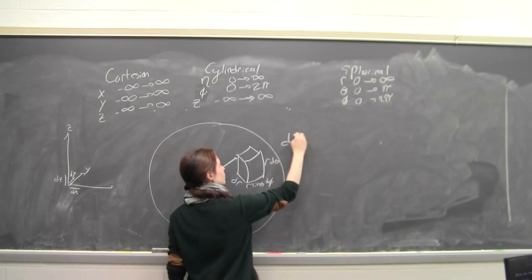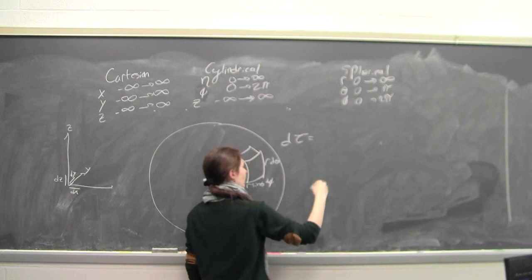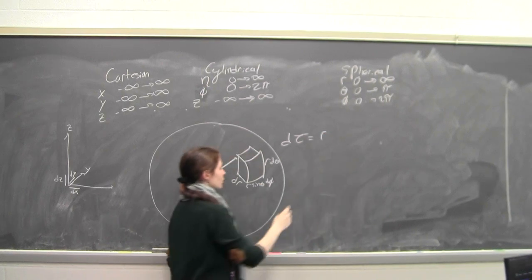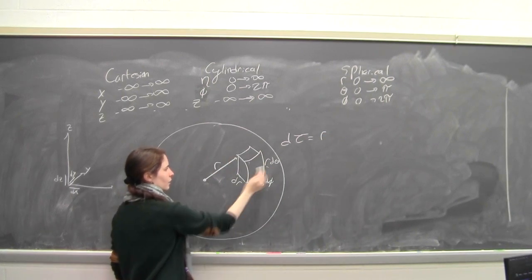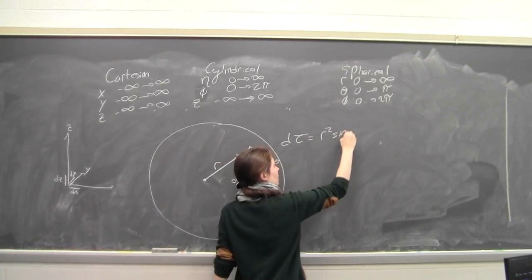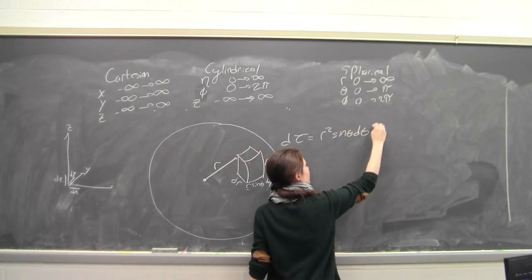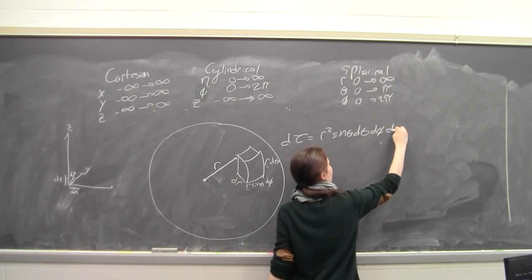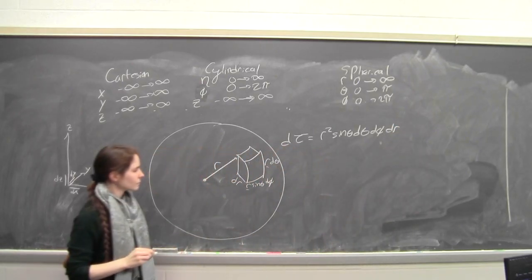And so the volume element, d tau, is r squared, because I'm picking up r's from both of these arc lengths, r squared sine theta d phi dr.